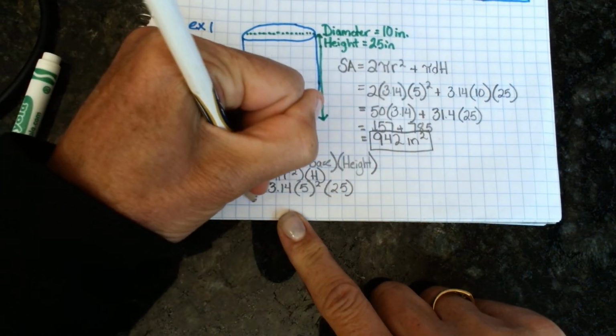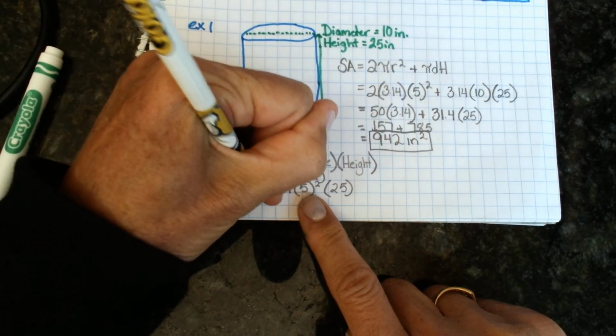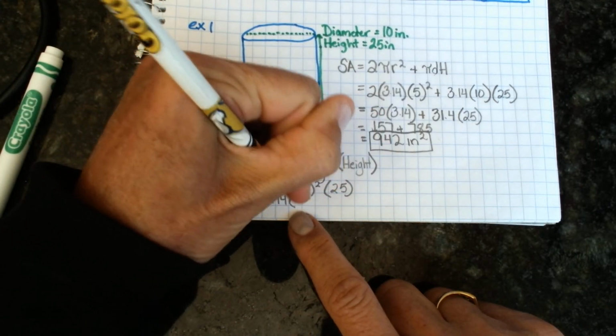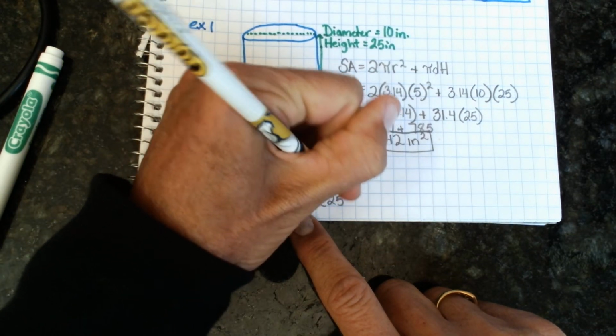Okay. Order of operations tells us to simplify exponents first. So we have 3.14 times 25 times 25.